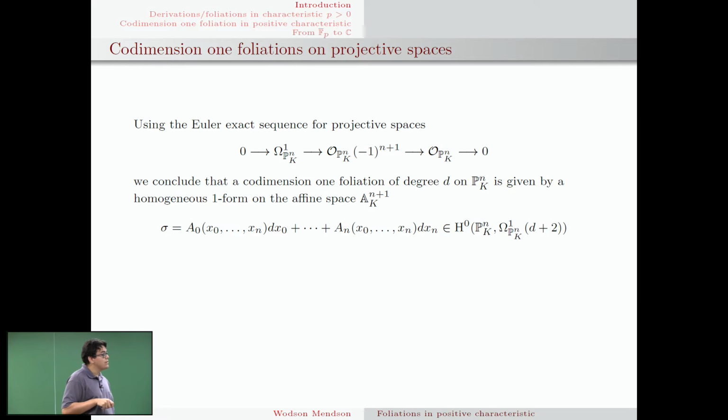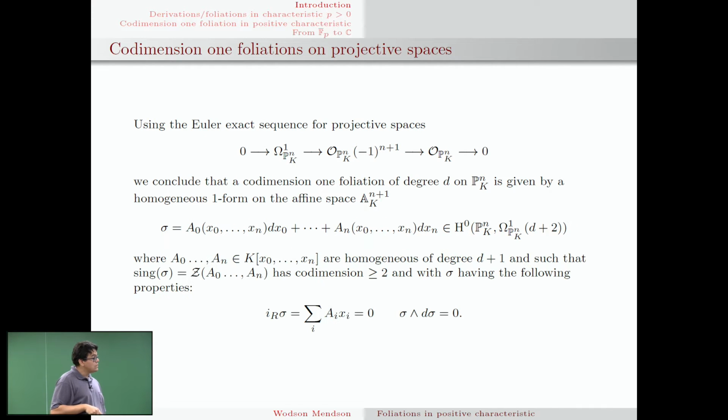So using the Euler sequence on the projective space, and multiplying by O(d+2), we conclude that a codimension 1 foliation on P^n is given by a homogeneous 1-form in the affine space A^(n+1) in this way, that has these properties. So A_0, ..., A_n are homogeneous of degree d+1 with the condition on the singular locus, and with sigma having these properties.